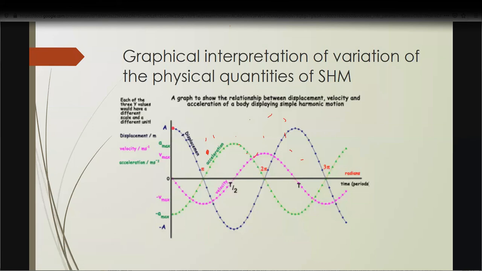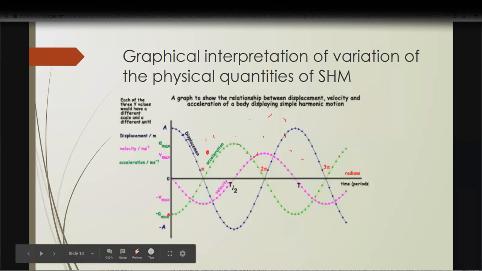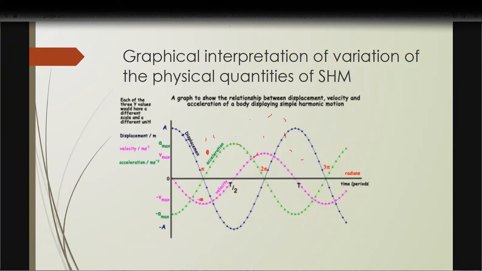When the displacement is equal to the amplitude in the positive direction, acceleration is opposite. So this is the variation with time. This one is for the velocity.